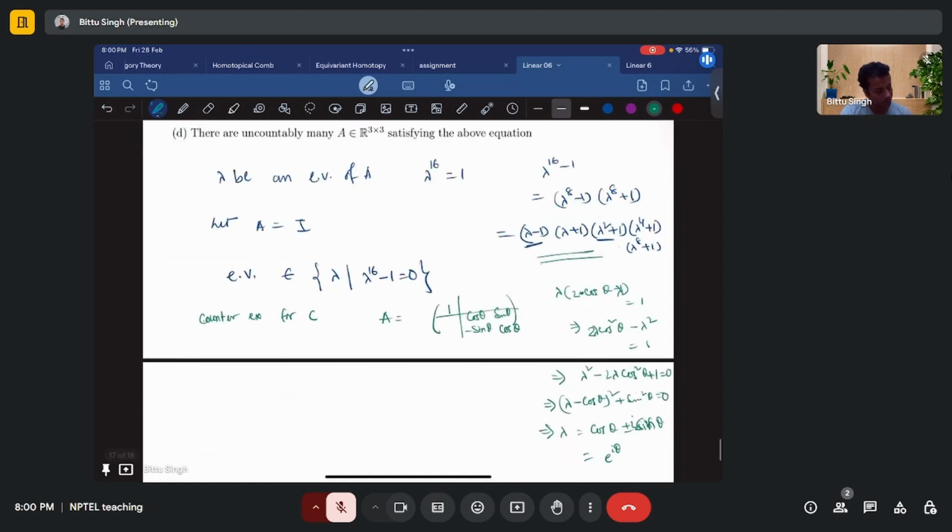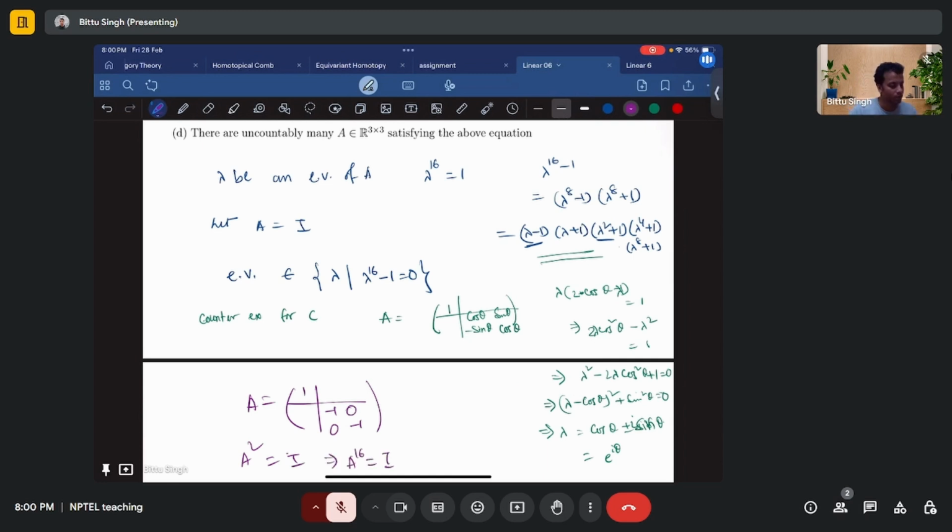Oh, sorry, we don't need to write those kinds of things. It is easier to find a counter example. Just take minus identity here. Sorry about that. Clearly A square equals identity, therefore A to the power 16 is identity.